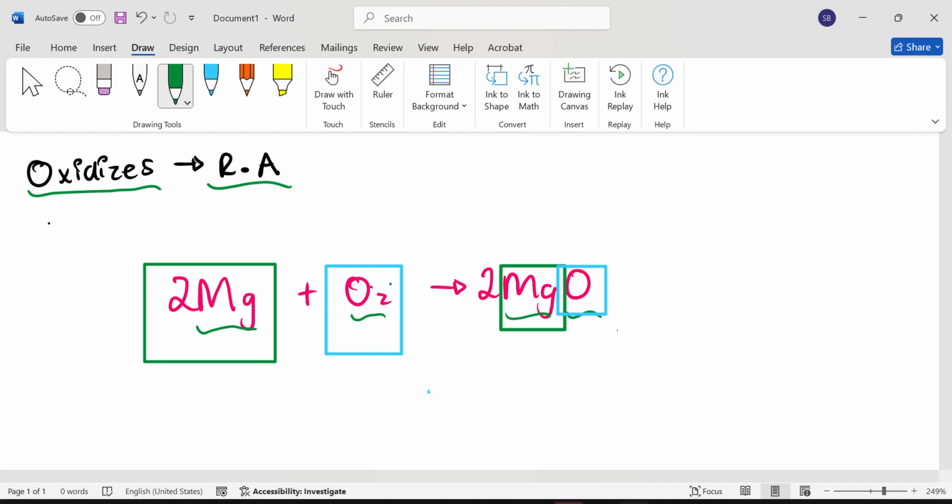You must make sure that you know that any pure substance or any pure element has an oxidation number of 0. Very, very important. Any pure element or pure substance has an oxidation number of 0.